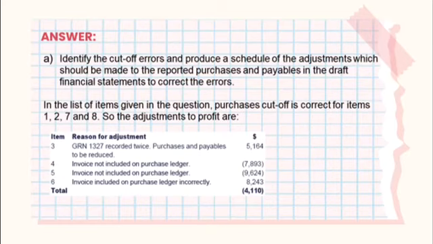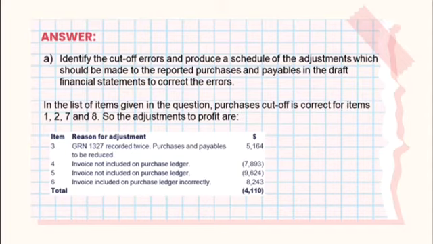For question A, we need to identify the cut-off errors and produce a schedule of the adjustments which should be made to the reported purchases and payables in the draft financial statements to correct the errors. In the list of items given, purchases cut-off is correct for items 1, 2, 7, and 8.